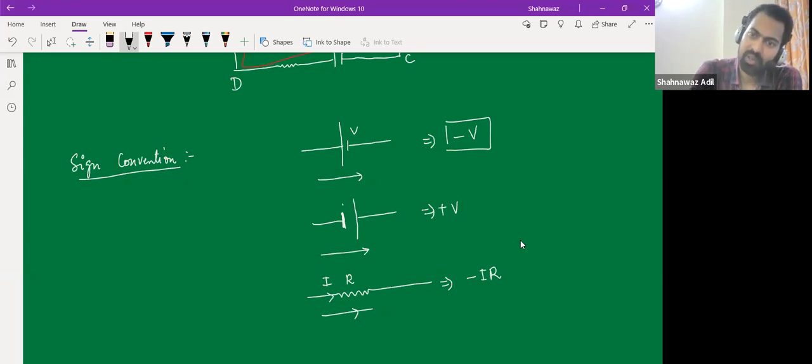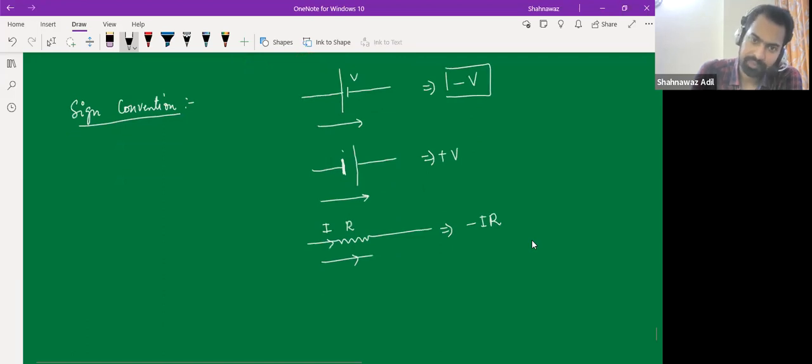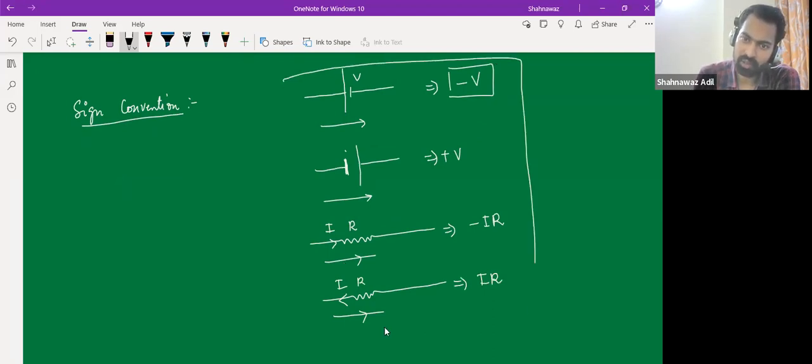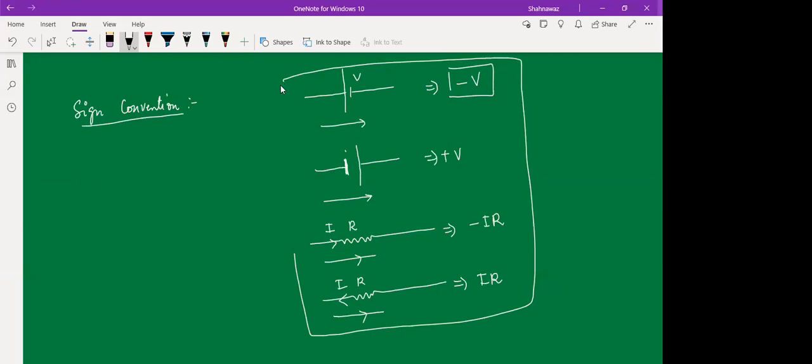And whenever you have this resistance and the current is going in this direction, and your loop is in the opposite direction, then the voltage would be positive. Are these informations clear?